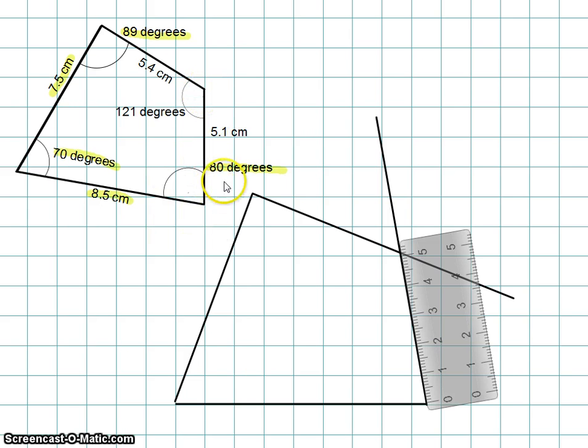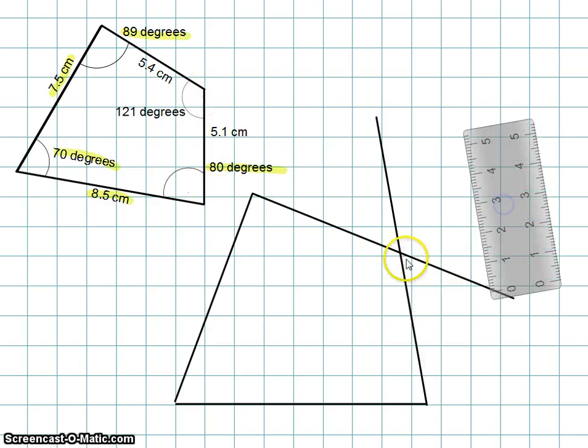We only focused on the angle here, which was 80 degrees. However, this side is still corresponding with this side here. And hopefully that proves enough, well maybe not enough, but that's one proof that this quadrilateral and this quadrilateral are congruent measurement-wise. Okay, and maybe we can call this the side angle way.